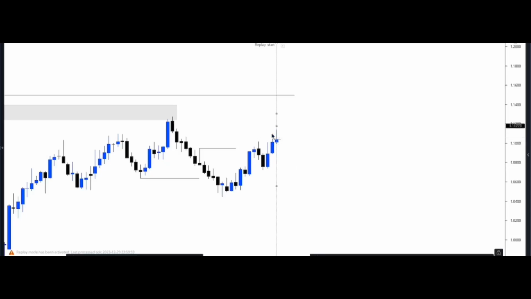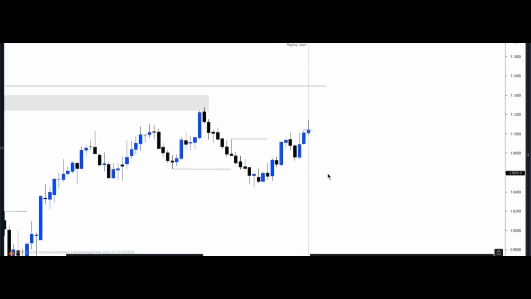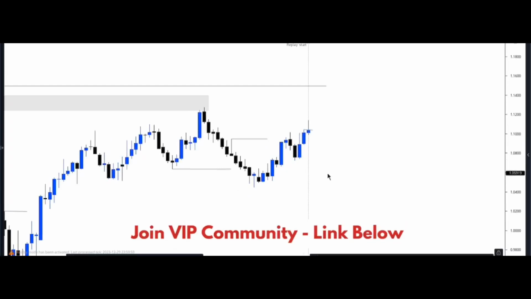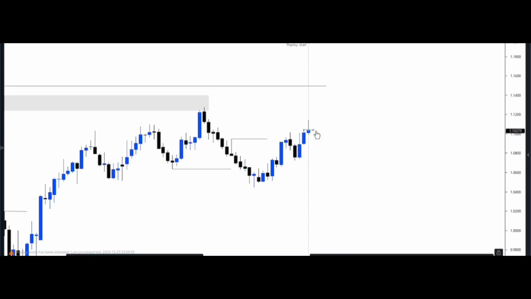Now, once you have identified this on the weekly time frame, you want to get down to your lower time frame, which is the 15M in this instance, to see whether you can take a confirmation trade to ride the expansion downward, because this is a clear signal that price is about to begin to expand downward.